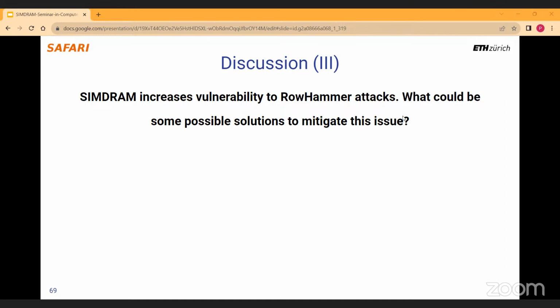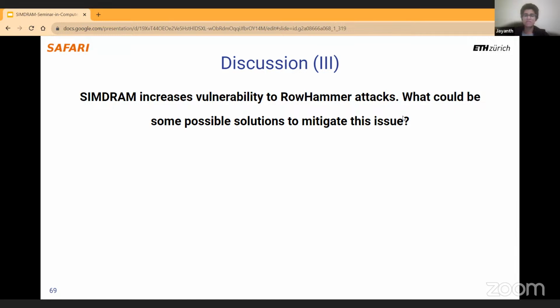Yeah, but it's a good way of thinking that as we improve performance, we also need to think about security. Yeah, I mean, probably when we are activating multiple rows at once, you could also think of it as making it easier for the attacker to attack rows nearby the PuM-enabled rows, because instead of him needing to issue multiple activations, he can make use of SIMDRAM operations, which can follow a pattern in which you can have double-sided attacks or something.